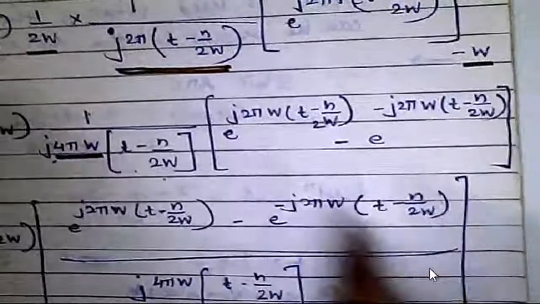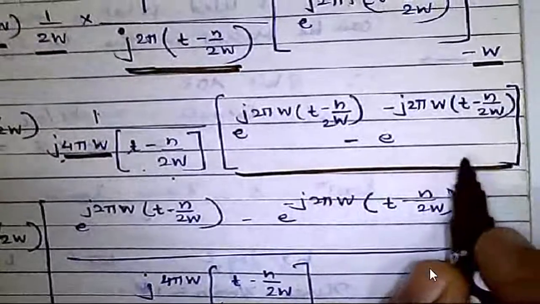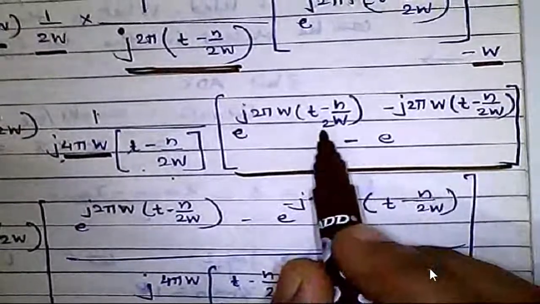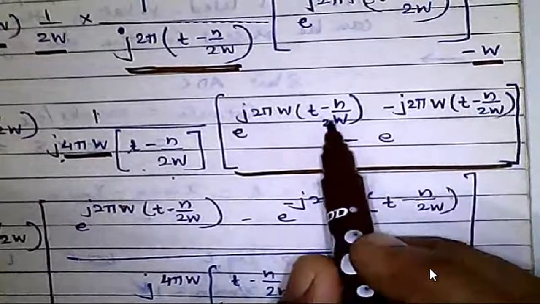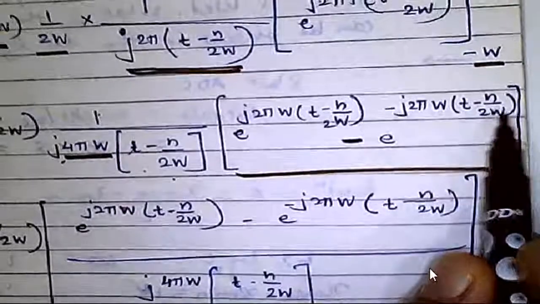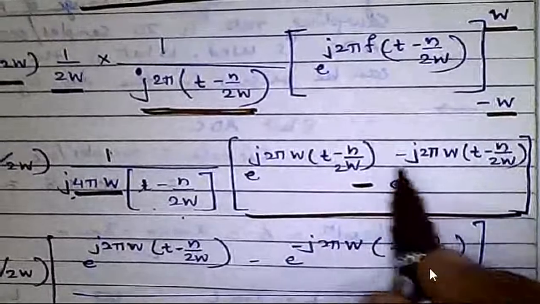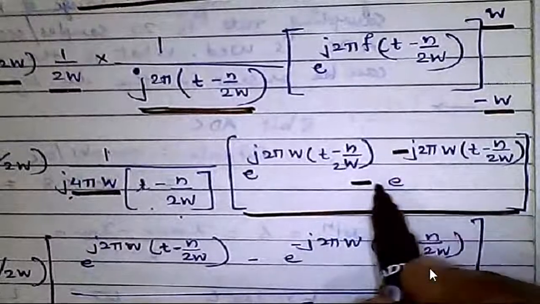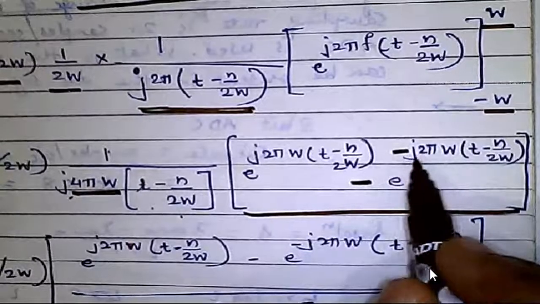After this, we apply the integral by putting the value minus W and plus W: plus W minus the value at minus W. This is how the integral is applied over here. That is why the sign of the e raised to j term is negative.